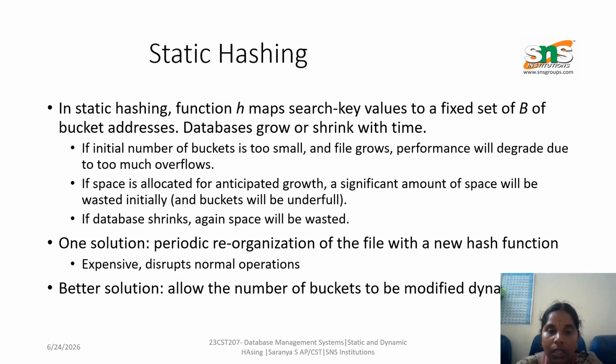The primary key is used as the input to the hash function, and the hash function generates the output as the hash index, that means the bucket address, which contains the address of the actual data record on the disk block.